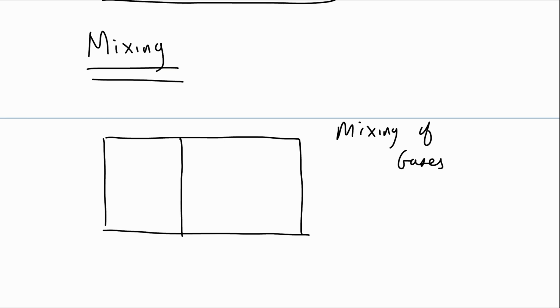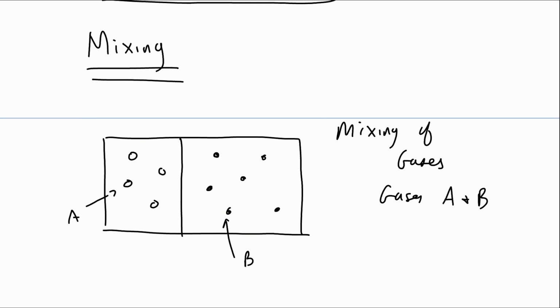I have gases A and B. This will be A, and this will be B. And the way I drew this is I'm going to have a constant pressure, we could call it P naught, and the temperature is T naught, which is also constant.